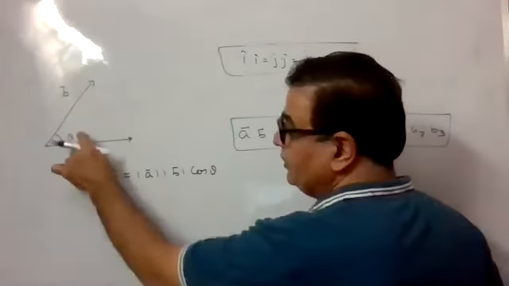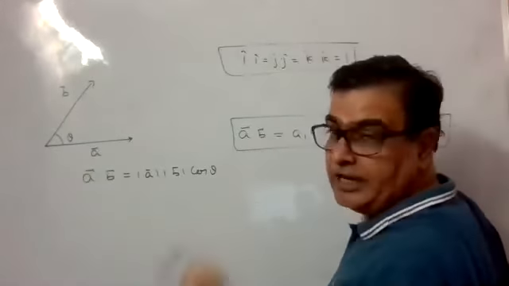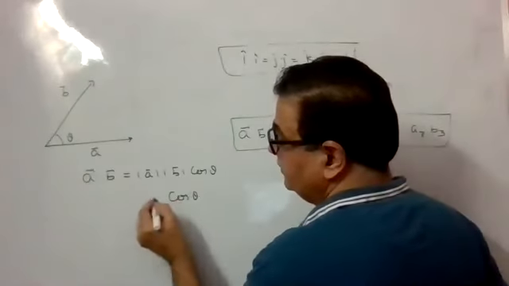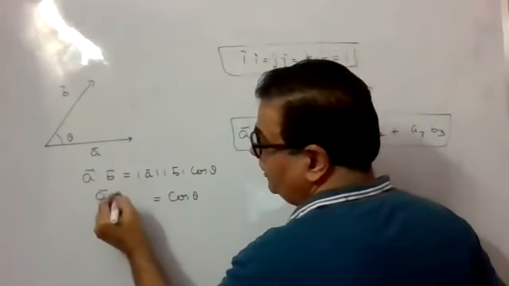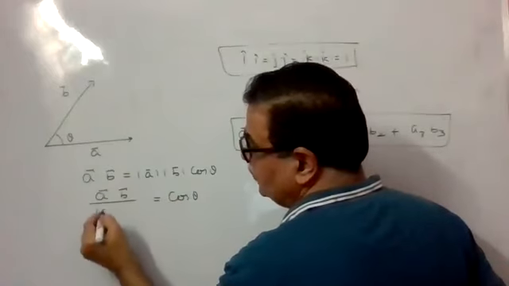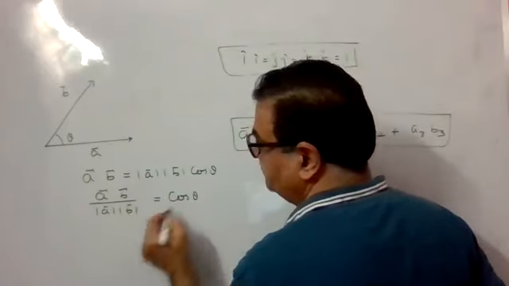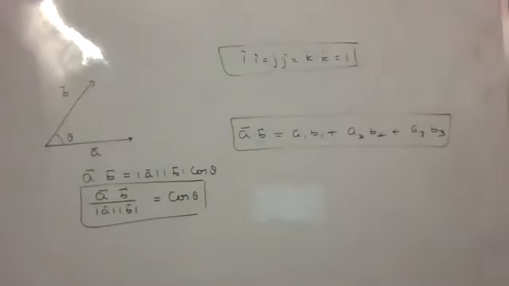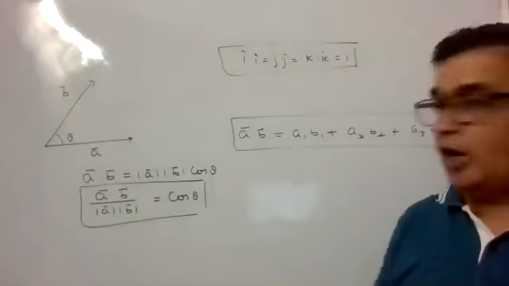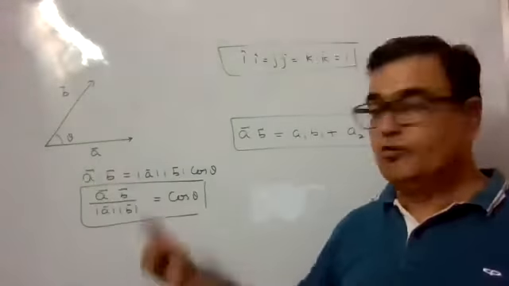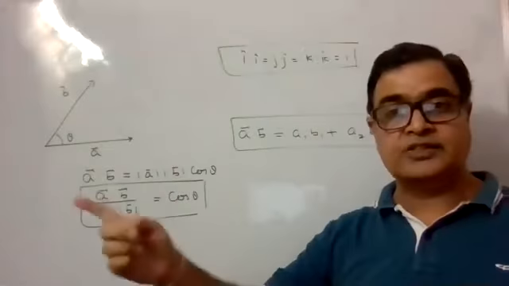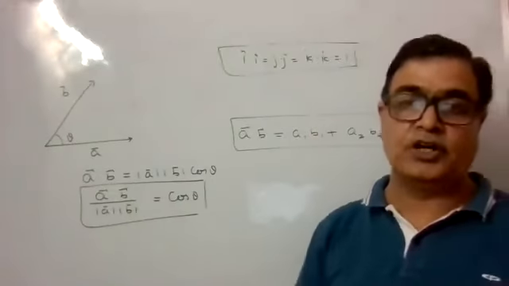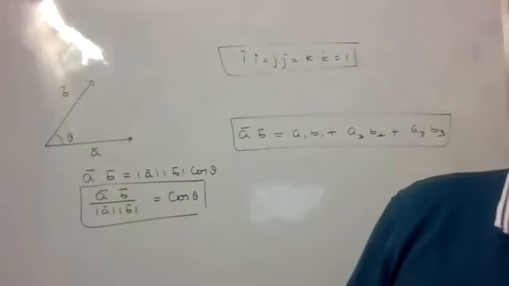So cos theta is A dot B by magnitude A, magnitude B. If the vectors are given and they ask you to find the angle, the formula you should remember is cos theta is A dot B by magnitude A, magnitude B.